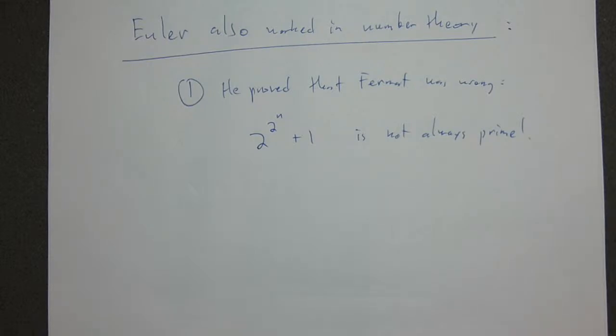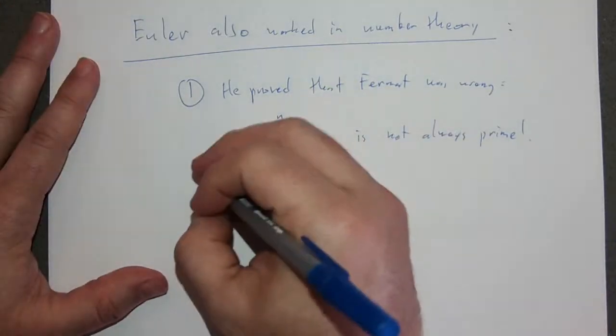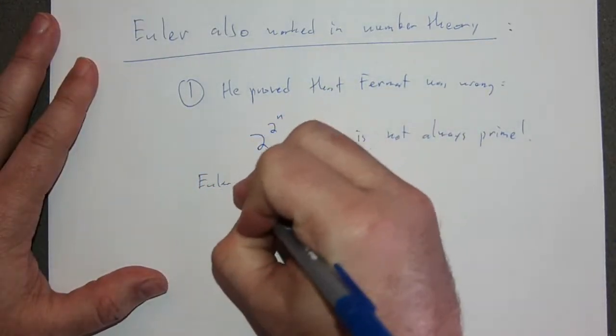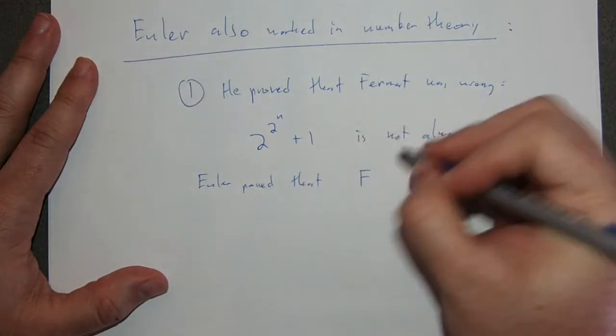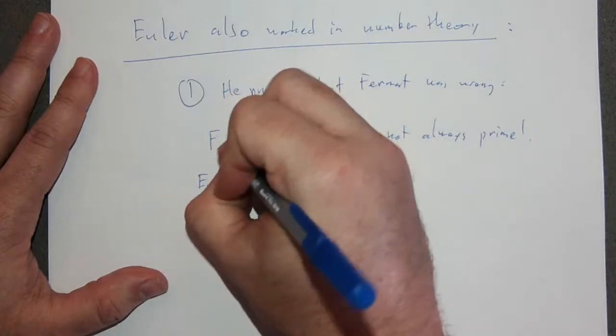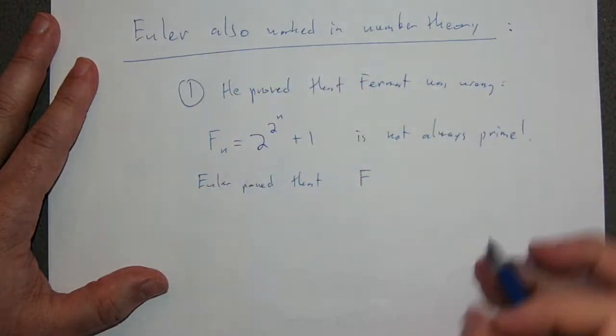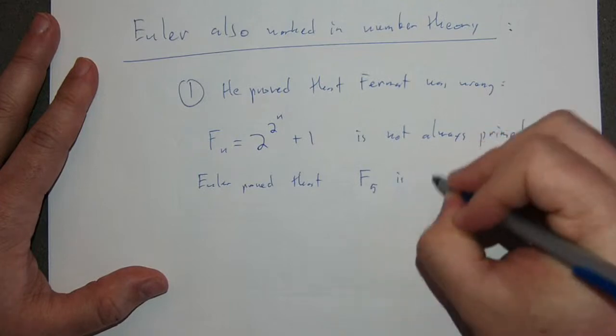But the first one that was known to not be prime was f sub 5. So Euler proved that if we're calling this f sub n here, he proved that f sub 5 is not prime.